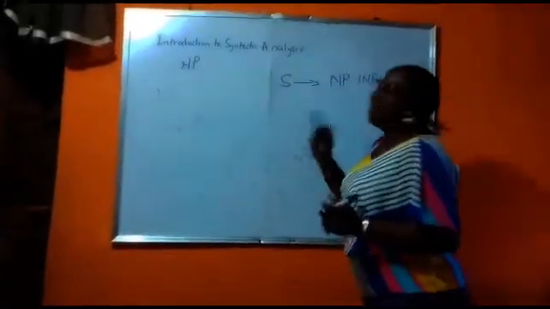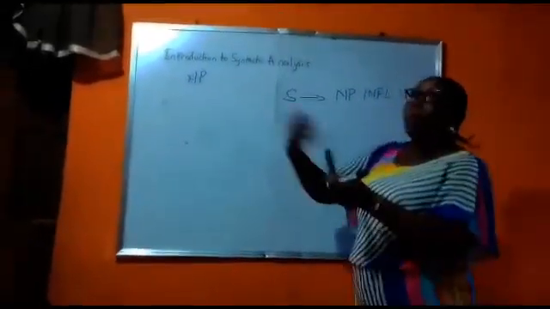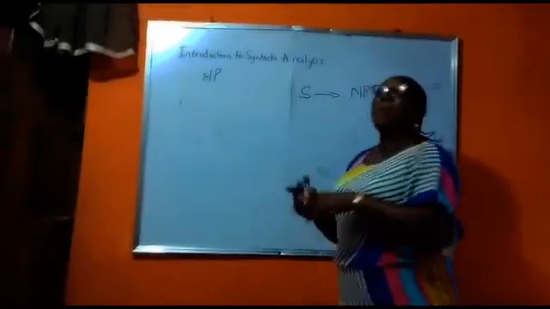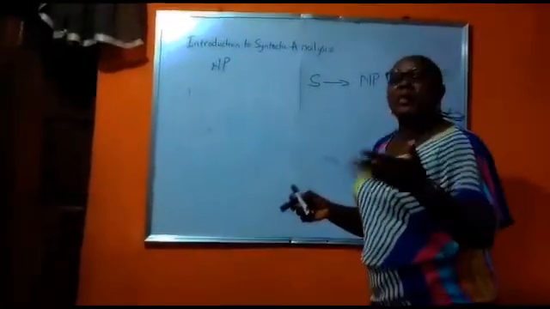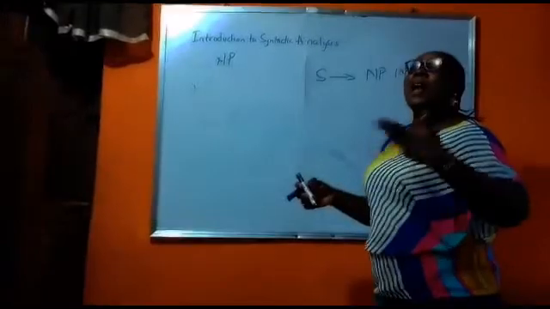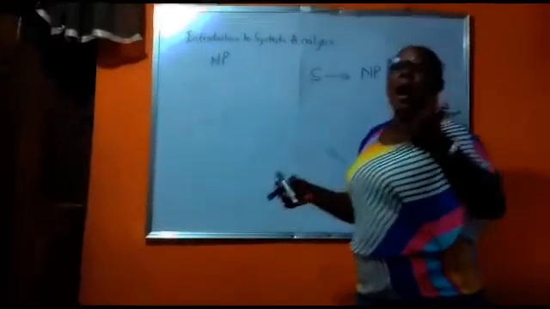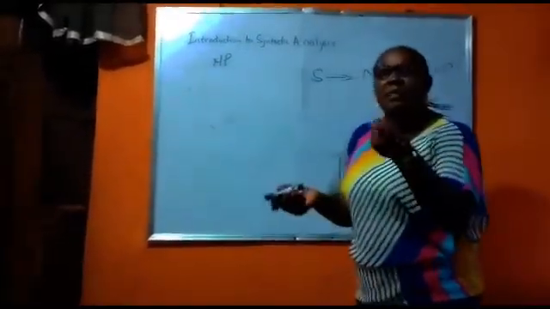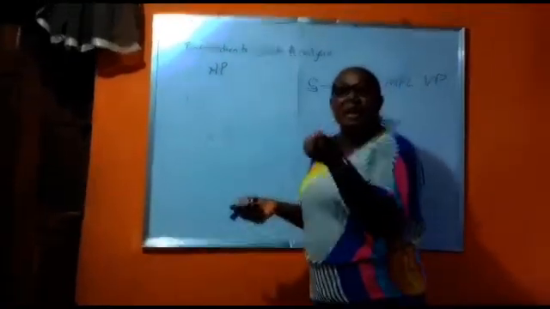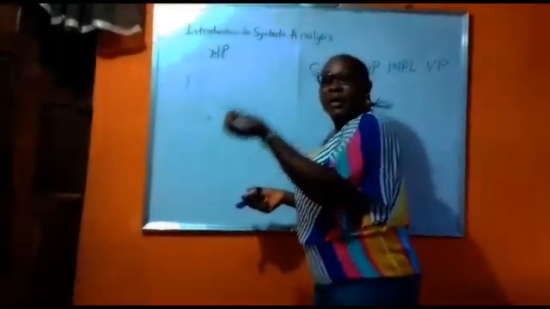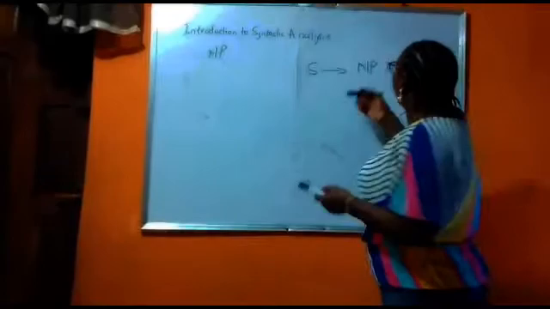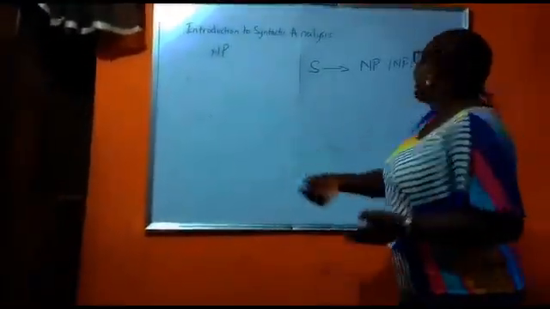Now, the NP can also break into, I think we remember our transformational generative grammar, that we can generate an infinite number of sentences from a limited number of rules. From the rules, we can generate an unlimited number of sentences.